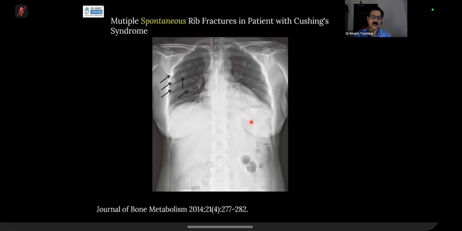You will pick up both findings, and the scenario given will be such that there is no history of trauma. Once you know the overall concept of a pathology, you can understand the mindset of the examiners, how they can show it to you. So this is a very good example of spontaneous fractures.